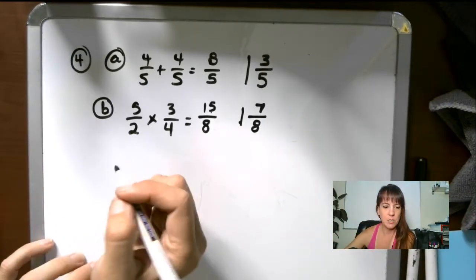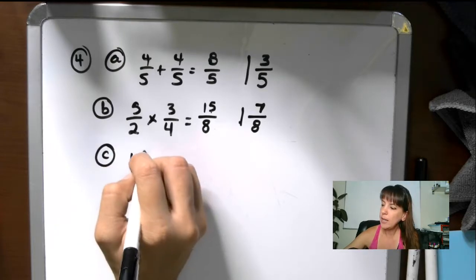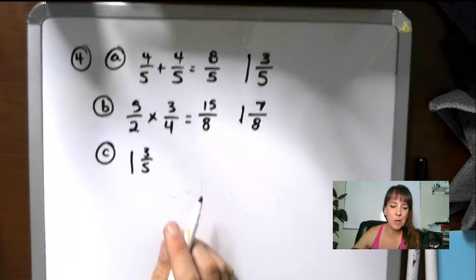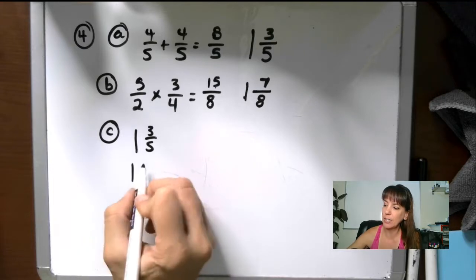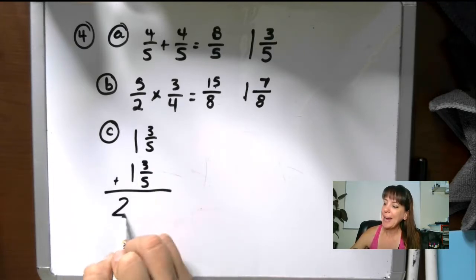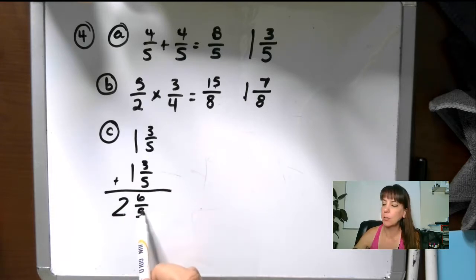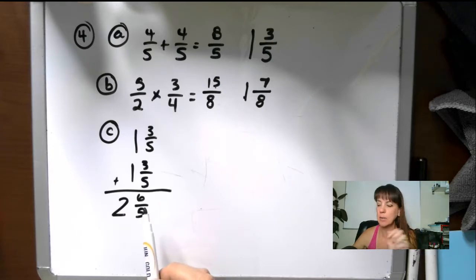Let's see about C here. 1 and 3/5. On this one, I'm going to write it vertically because I think that's easier. All right, so we have 2 and 6/5. Oh, we got an improper fraction here we need to deal with. So we're going to set that 2 aside and deal with the improper fraction.